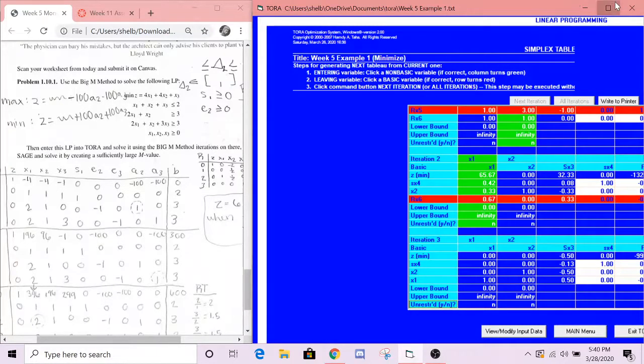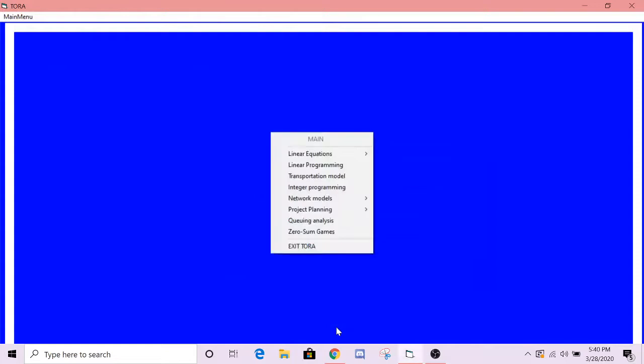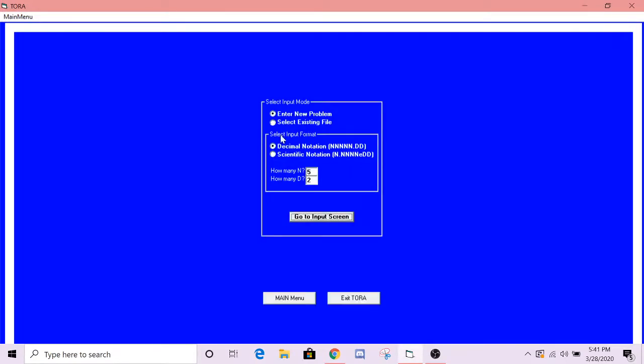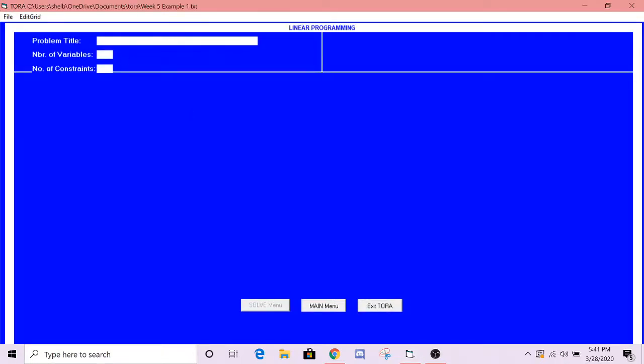What we're going to do is go to main menu, linear programming, and we want to enter a new problem. So we go to the input screen, and let's title this problem week 5 Monday assignment.